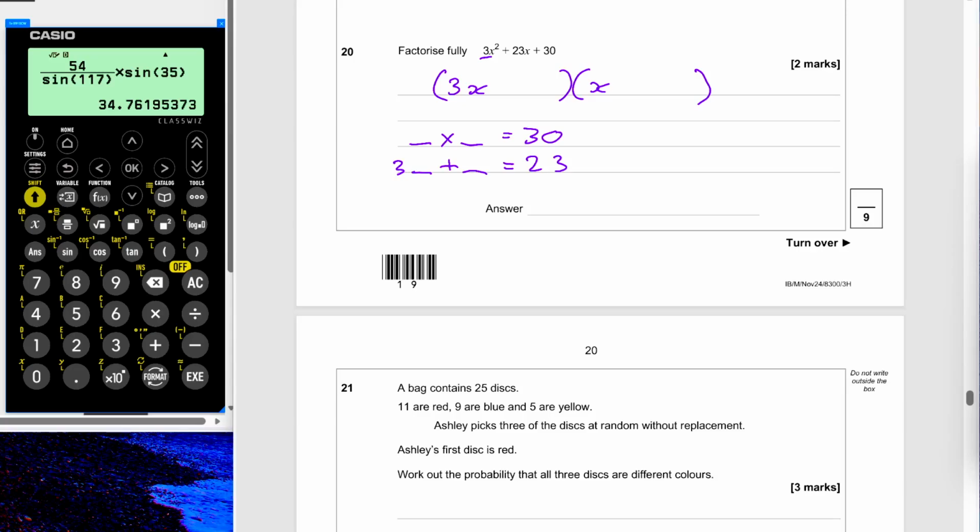So 5 and 6. 5 and 6 will work because if we had 18, so 6 there and 5 there, that would work. So we're looking at the 3 and the 6 being in opposite brackets. So that's going to be our factorized version. So 3x plus 5 and x plus 6.